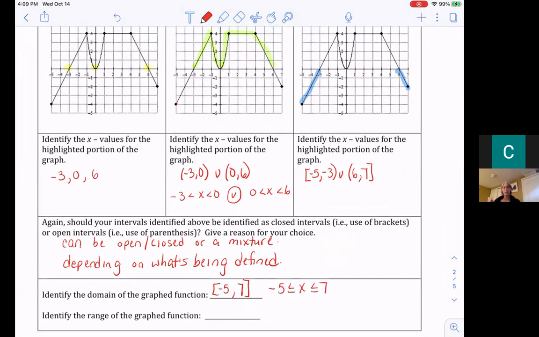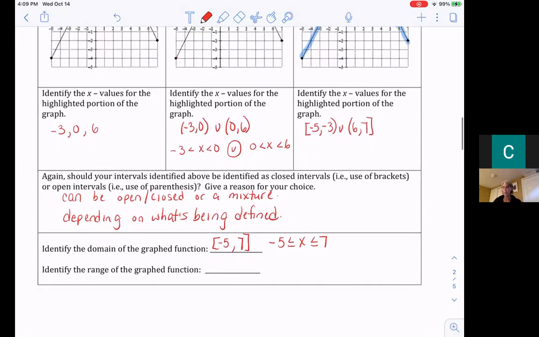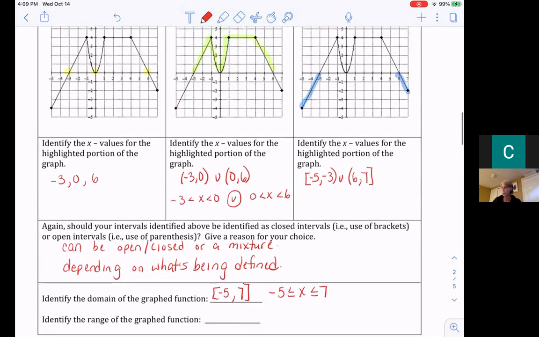I'm trying this year also to transition you to interval notation whenever possible. But we can always rely on that set notation that we're used to. Identify the range. The range is going to go from the lowest y value, which is -4, to the highest y value of the graph, which is 4. And these are going to be with brackets because they're included, because our values are equal to it.